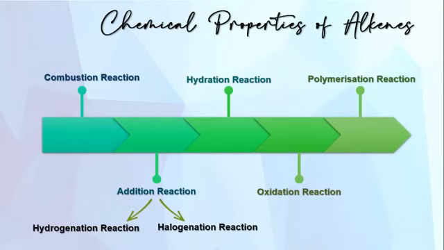So basically for alkenes, we have 5 important reactions: combustion reaction, hydration reaction, polymerization reaction, oxidation reaction, and also addition reaction. Addition reaction is the common general name. Under addition reaction, these alkenes undergo hydrogenation, where we are adding hydrogen, and also halogenation, where we are adding halogen to alkenes.